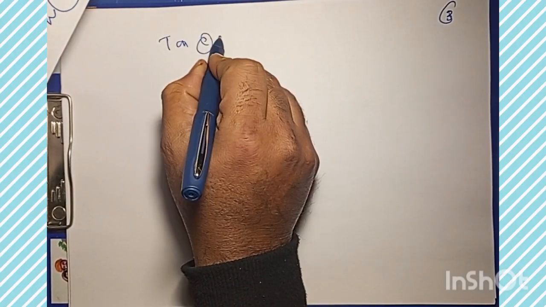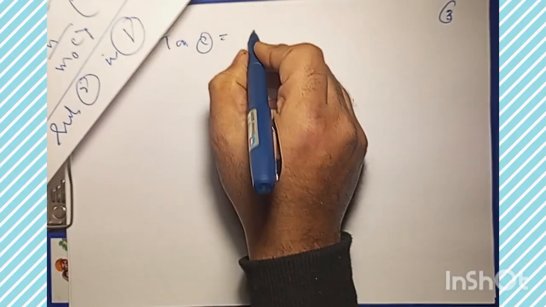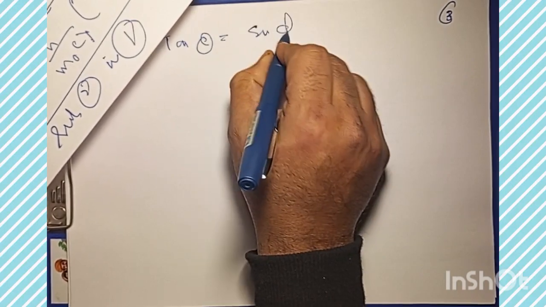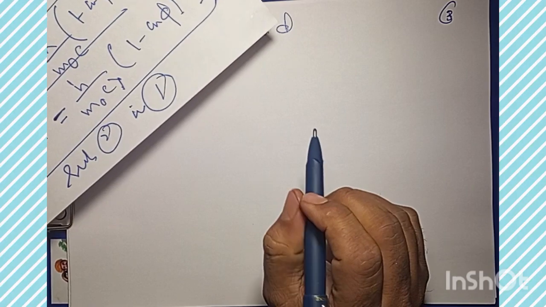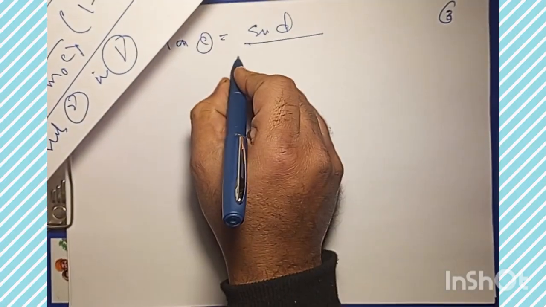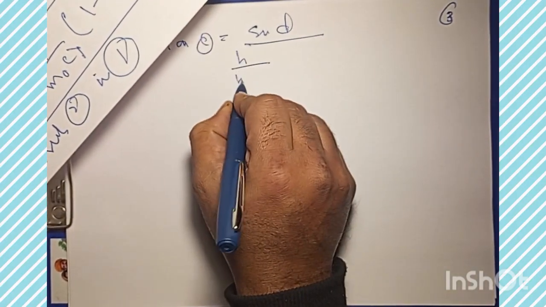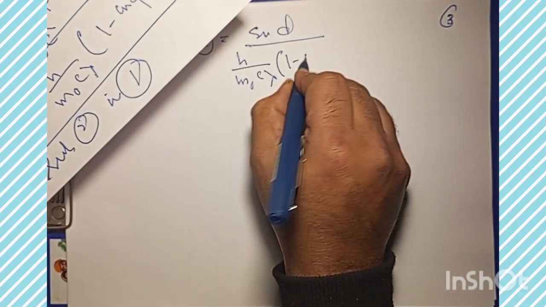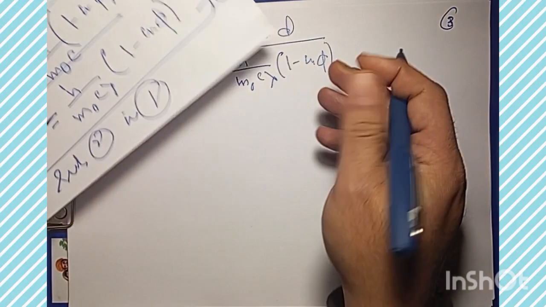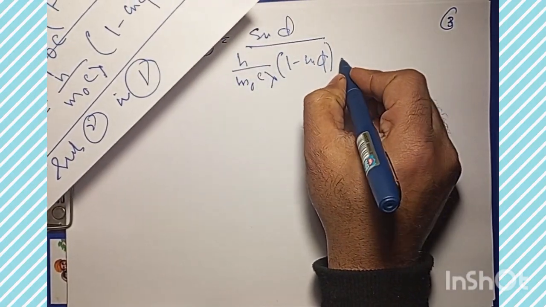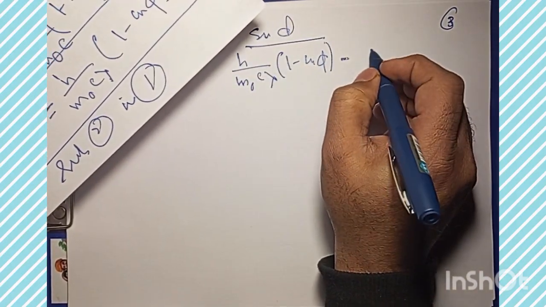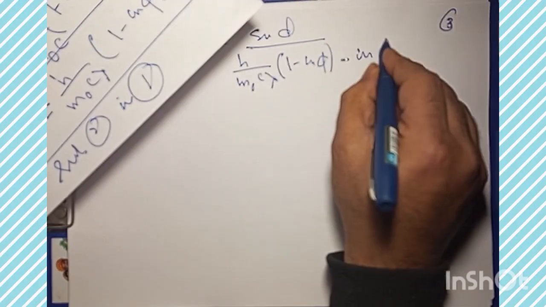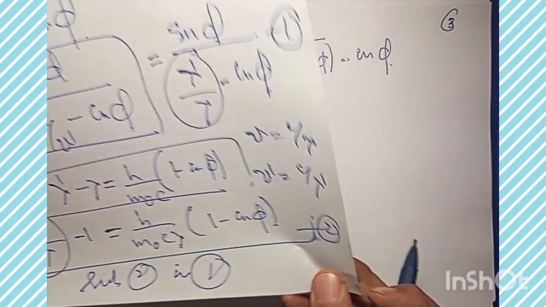So we have tan theta here, and then we have sine phi divided by, instead of lambda dash by lambda, h by (m naught c lambda) times (1 minus cos phi), then minus cos phi here. Okay, that's the case.